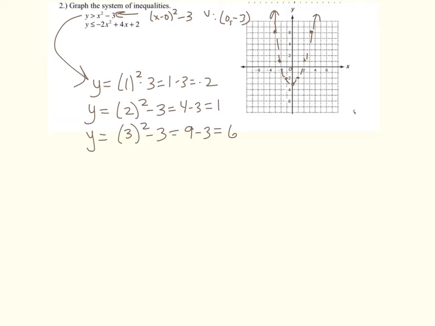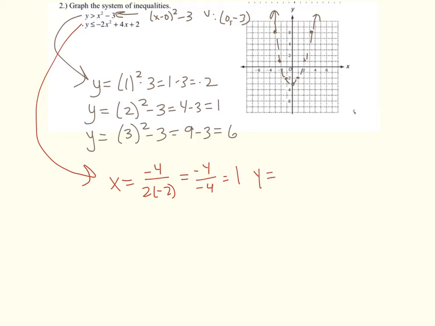Okay, so now the bottom one is definitely standard form. So from my vertex, I'm saying B over 2A. Plug it in to find the y value.